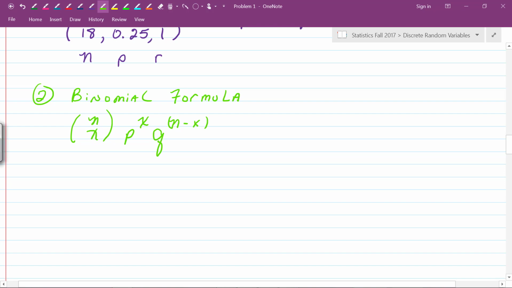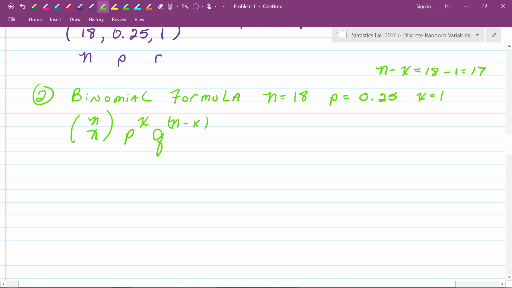Remember, for this particular problem, we have n is equal to 18. We have p is equal to 0.25, and we're looking for x equals exactly 1. So x is the number of successes. How many failures are we going to have? We're going to have n minus x failures, which is 18 minus 1, which is 17 failures.